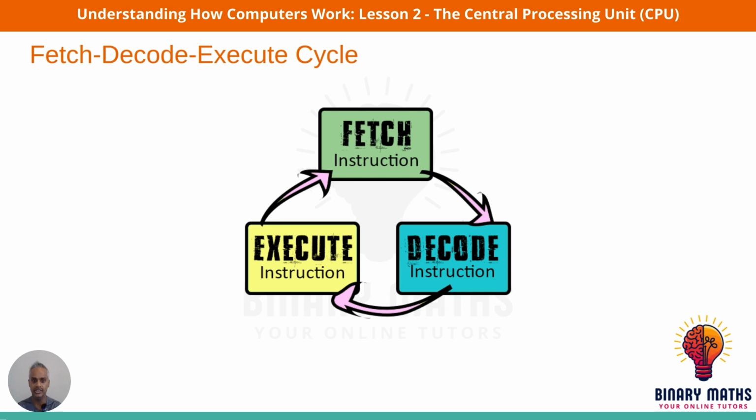Finally, in the execute stage, the CPU carries out the instruction, which could involve performing arithmetic operations, moving data, or interacting with other hardware components. This cycle is really fast, with modern CPUs capable of performing billions of cycles per second.